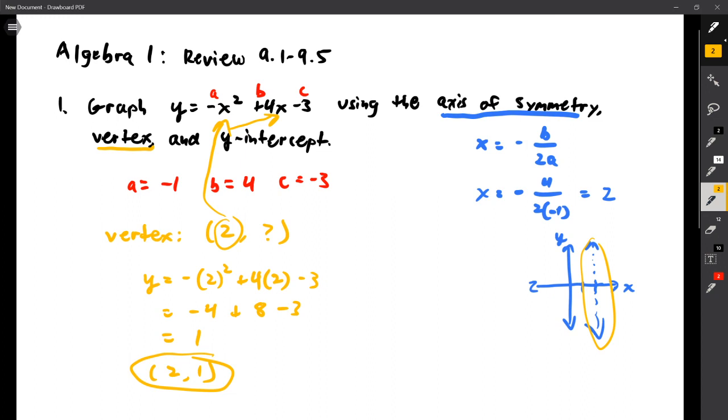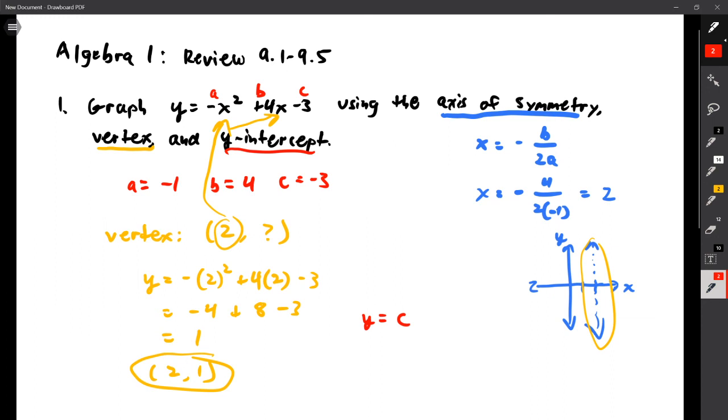And then finally, we want the y-intercept. Now, the nice thing is we know that the y-intercept is just y equals c. Because what's the y-intercept? It's where the graph crosses the y-axis.